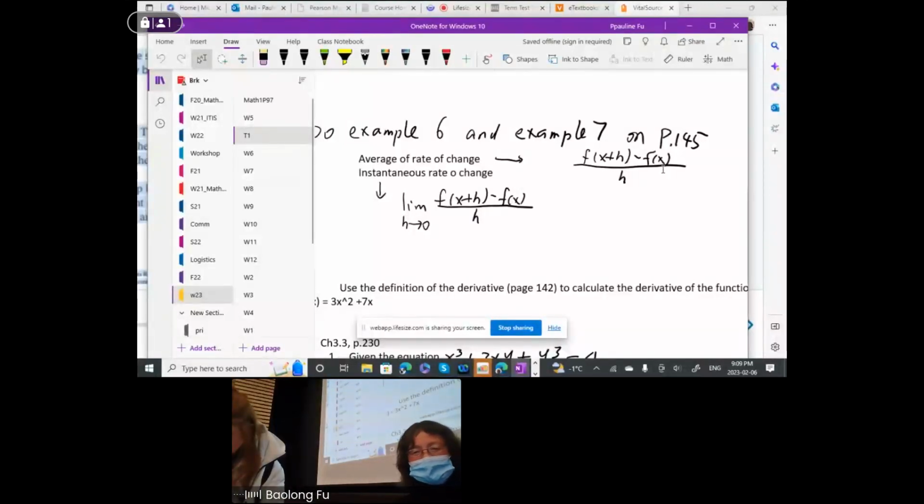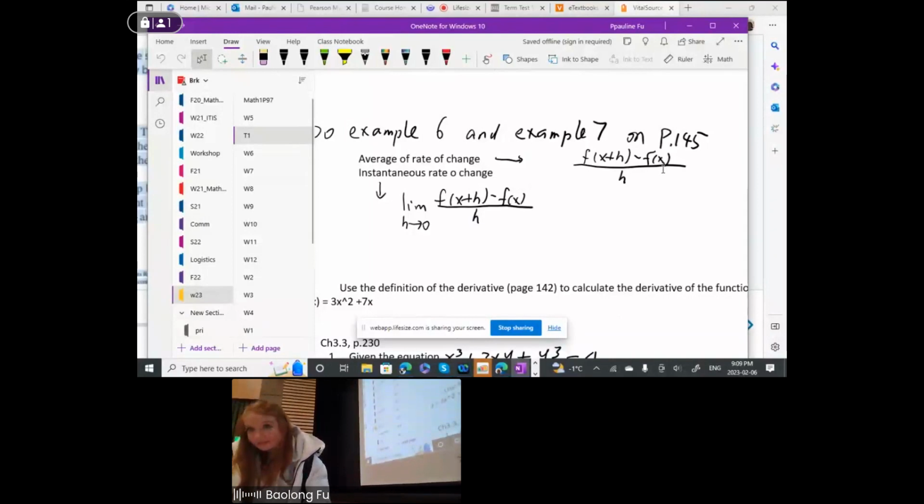That is about average rate of change and instantaneous rate of change. So 6 and 7, page 145.